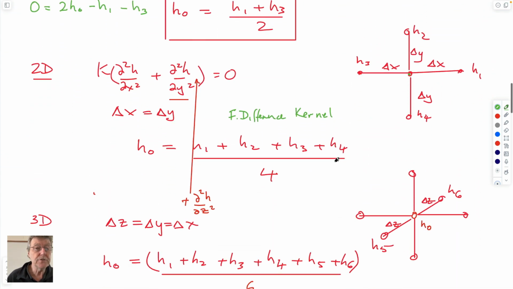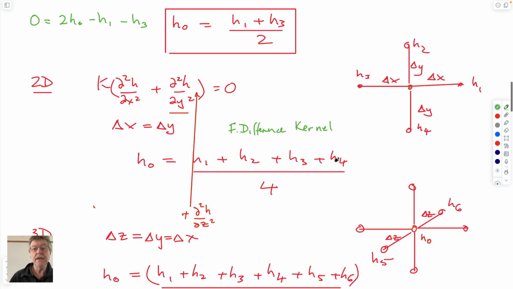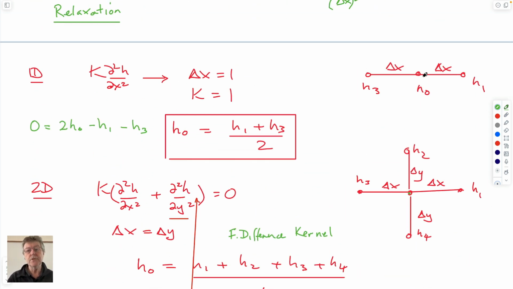If you have a two-dimensional problem, like we showed in the example, then you can make a little template that, instead of being upstream, downstream, and intermediate, is upstream, downstream, and flanking values. You don't know whether the flow is in this direction or this direction. It doesn't matter.